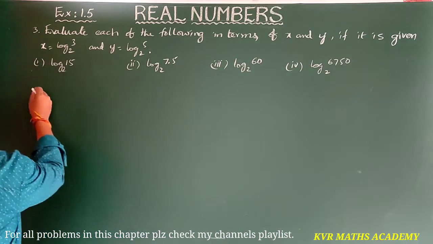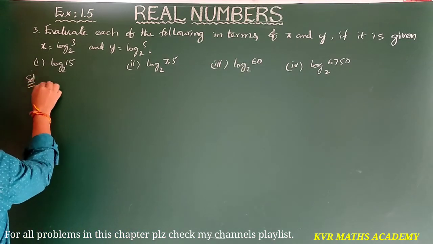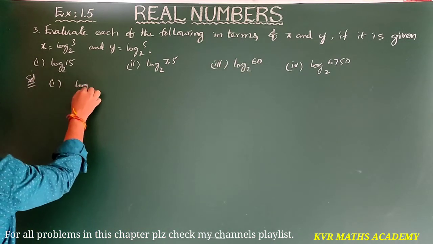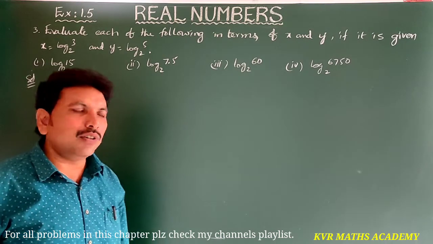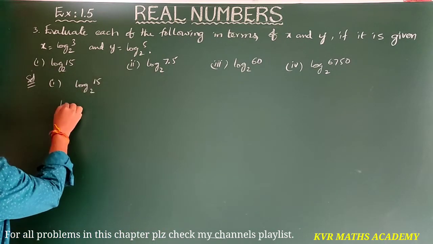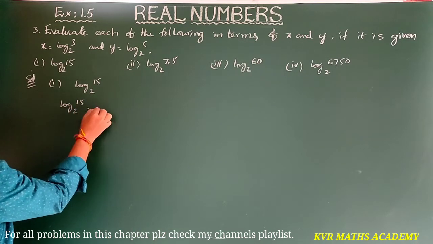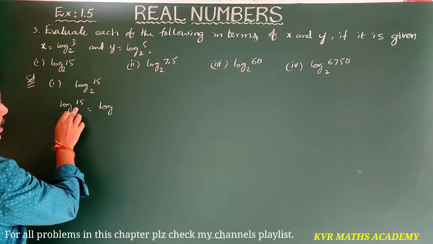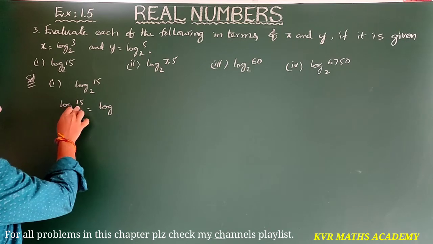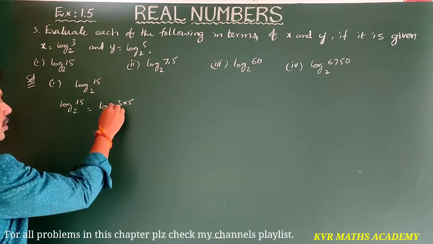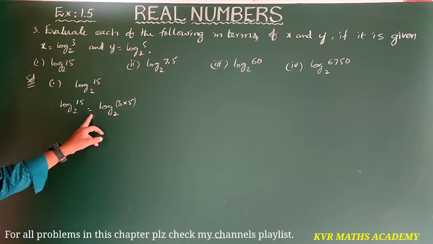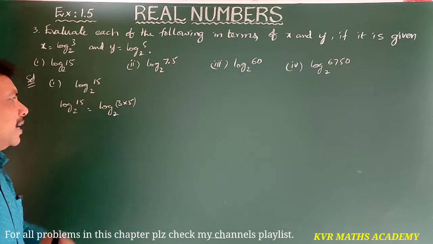Let us take the first one. Solution: log 15 to the base 2. This can be written as log 3 into 5 to the base 2.